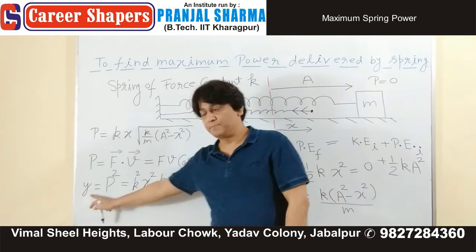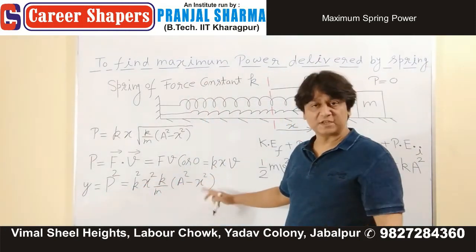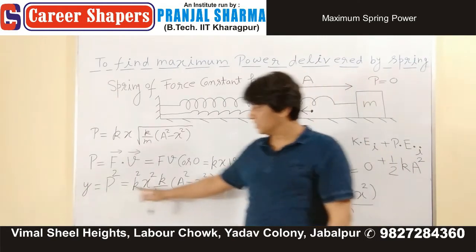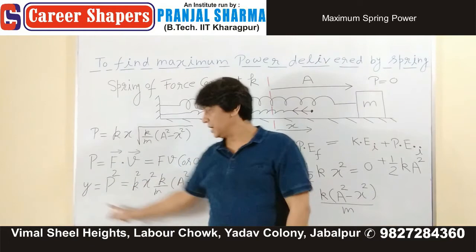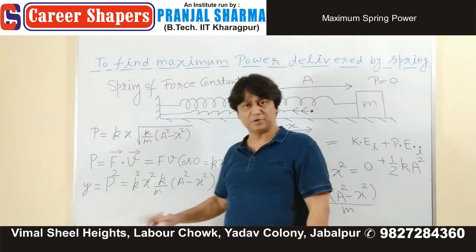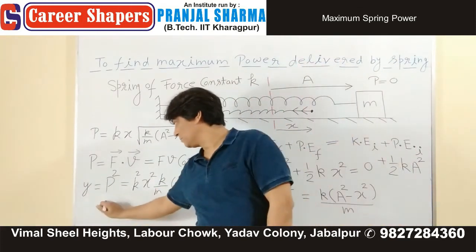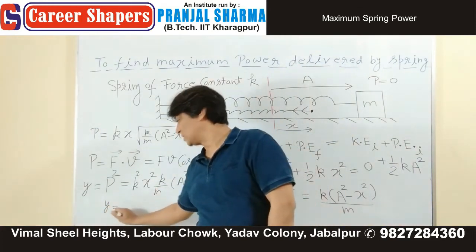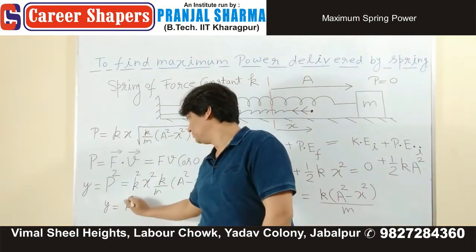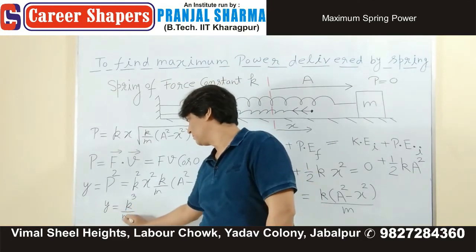This y is a function of x. What does it mean when I say function of x? If you change x, this y will change. Everything else is constant. A is constant, k is constant, m is constant. So this y, first of all, presented in this form, you've got k cube divided by m.